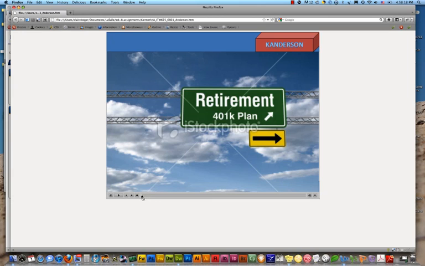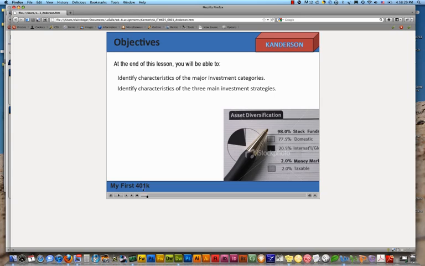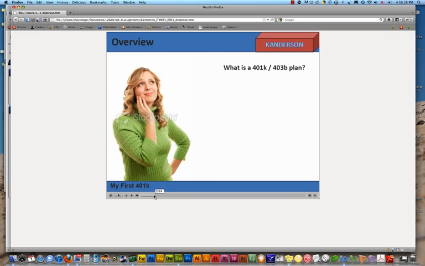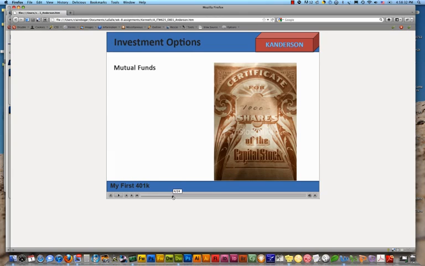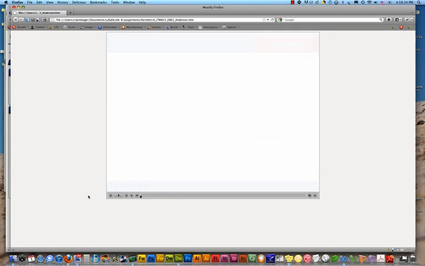And then when you get into your slides, my first 401k plan makes sense. And your objectives, you just need to change the word categories to options. So that's what you call them here. And then you got it. Nice job.